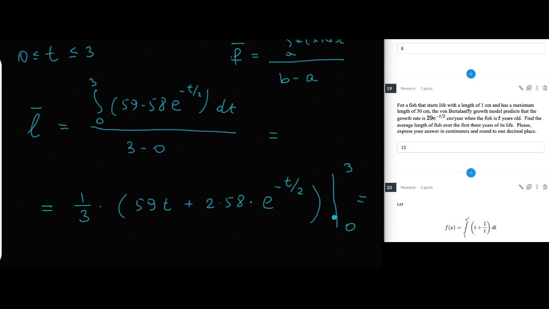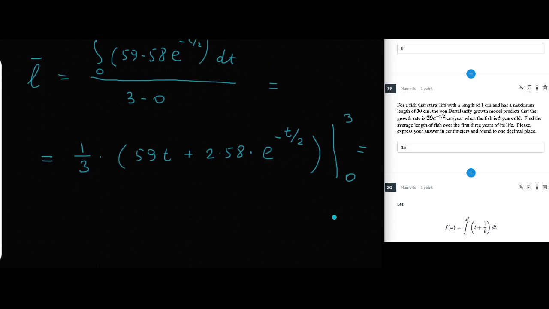Okay, so let's see what we get. I get 1/3, and then when we plug in 3, we're going to get 59 times 3 plus 2 times 58 times e to the power negative 3 over 2.